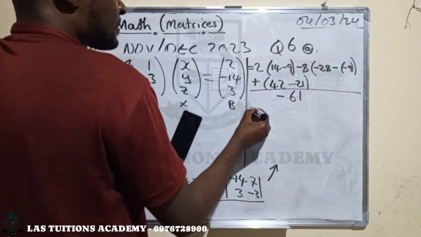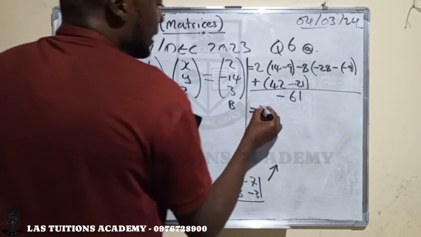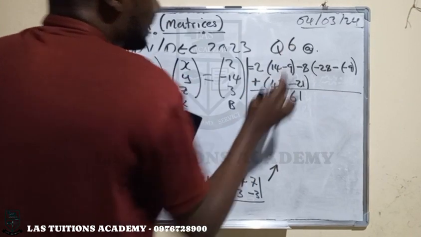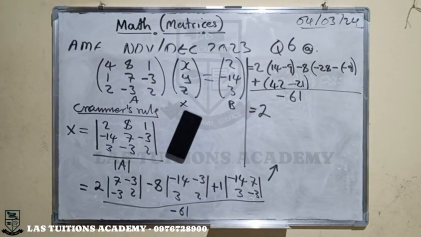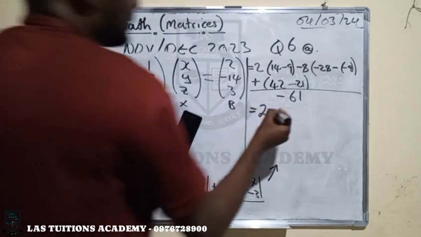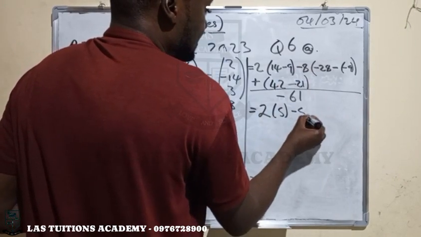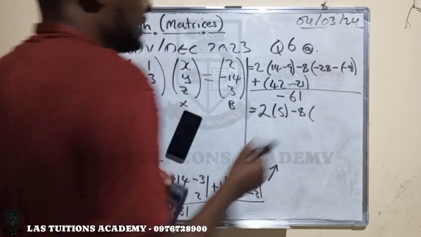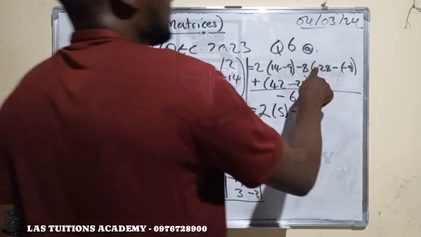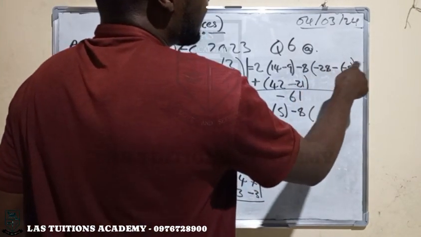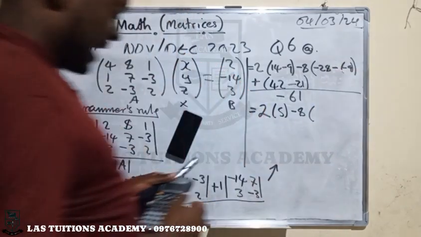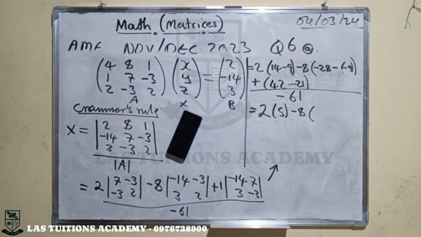So this is going to be 14 minus 9, we get 5. Then here we have minus 8. Then inside here we have negative 28 minus minus 9.